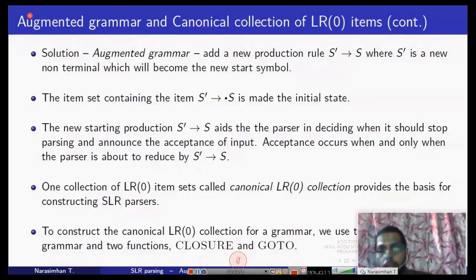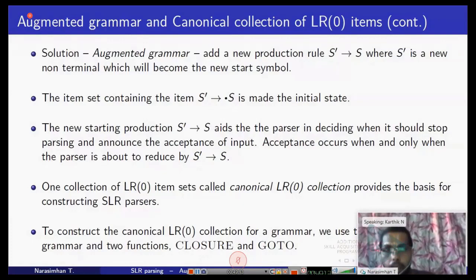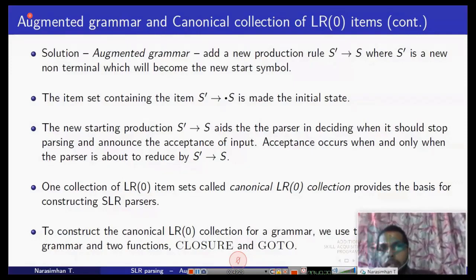CLR parser is the most powerful technique among all LR parsing techniques because it will be able to parse a large number of grammars when you compare with the other two techniques. But it comes with a price. The price is that the CLR parser is very expensive to construct. It will be having thousands of states in the CFSM constructed.